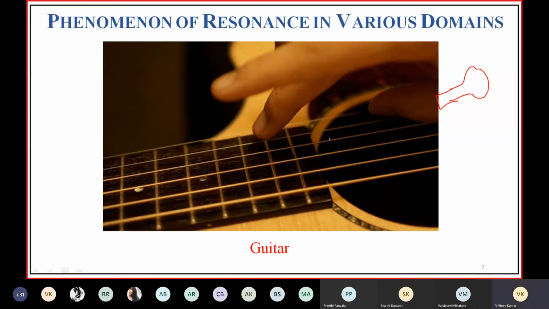It means that instead of this hollow body, you are going to have an air column. So if the frequency of the string matches the frequency of that air, then resonance occurs. Then you're going to get more sound.